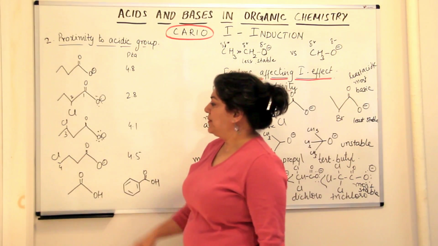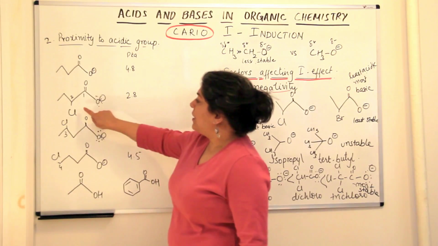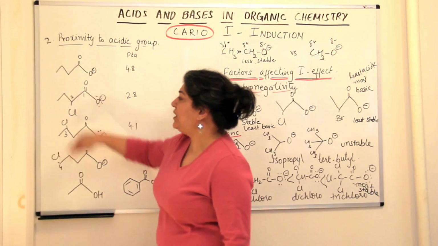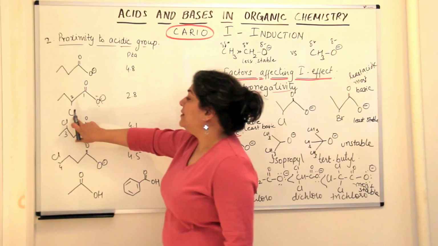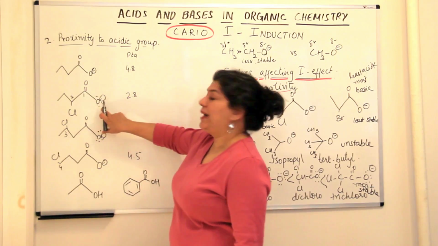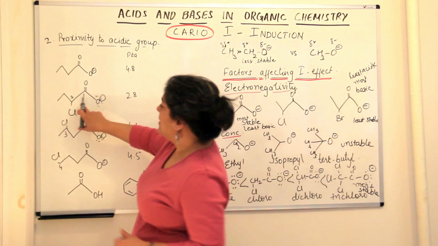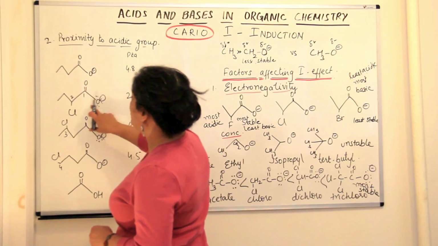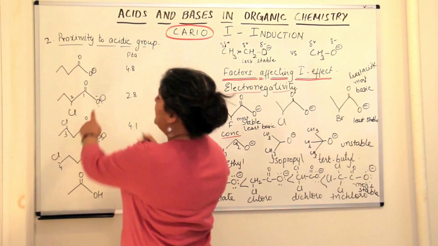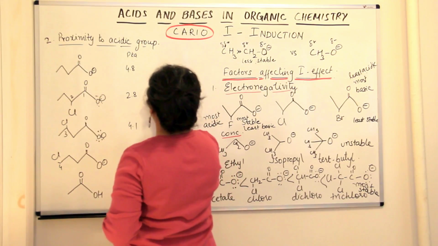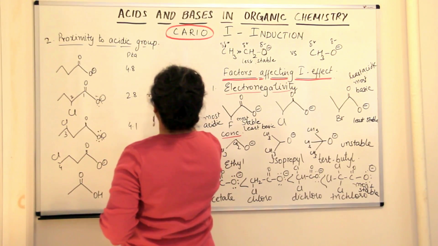So we find that if the chlorine is on the second carbon, this would have the maximum minus I effect because it is pulling the electrons towards itself, which means that it is making this ion the most stable, right?